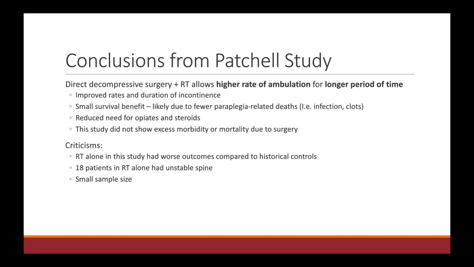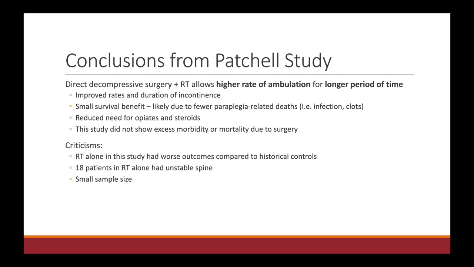Based on this study, without getting too much into the minutia, such as the criticisms, which are listed here on the slide, we realized that in patients that have a good enough functional status who present with a short duration of paraplegia, in this study less than 48 hours, and also in patients that do not have highly sensitive histologies and probably just one site of severe spinal cord compression, adding direct decompressive surgery prior to radiation allows for a higher rate of ambulation for longer periods of time.